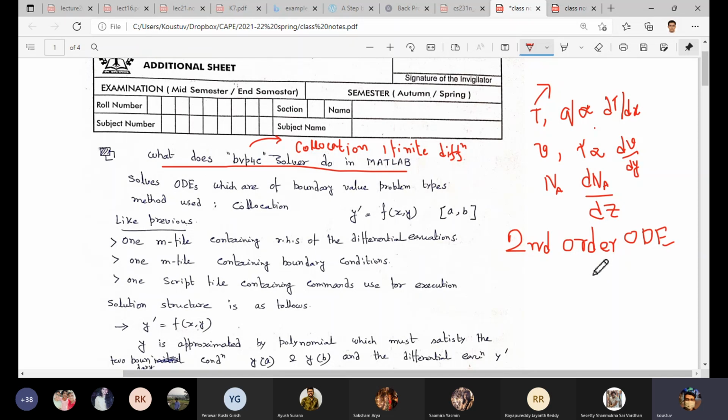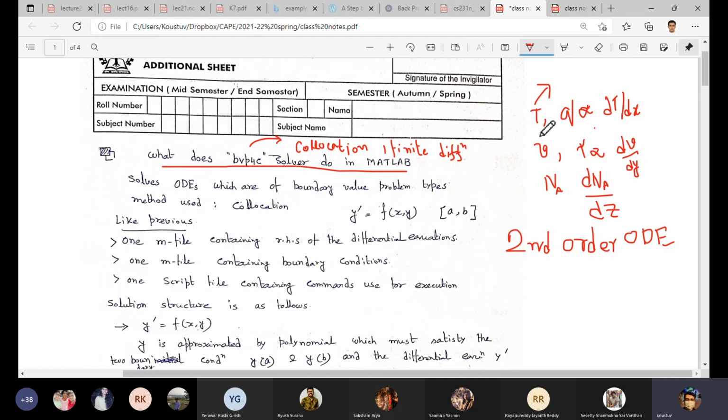This is their particular nature. Now, a second order differential equation can be reduced to two first order differential equations, as we know. But that does not make it an initial value problem, because there are conditions over which the values are specified.